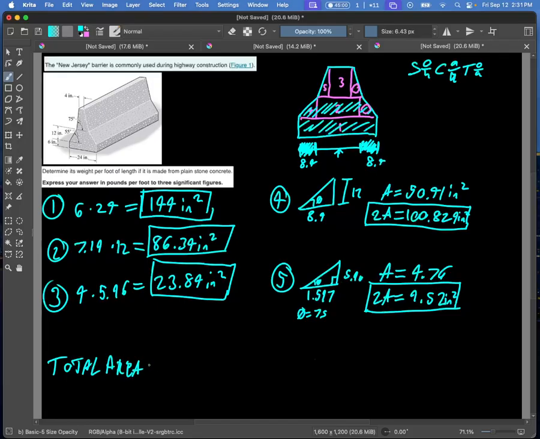We add them. 144 plus 86.34 plus 23.84 plus 100.829 plus 9.52. Goodness. I'm getting 364.54.